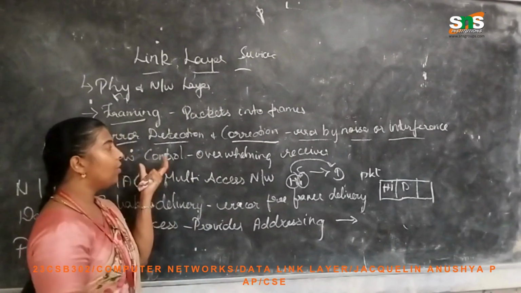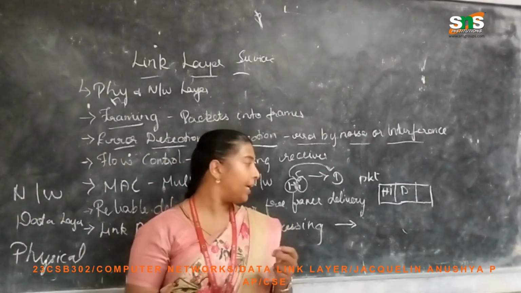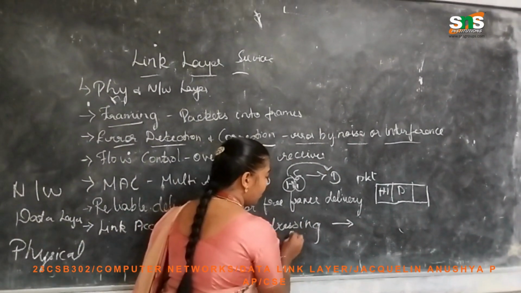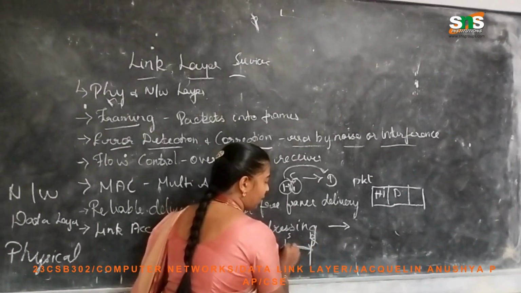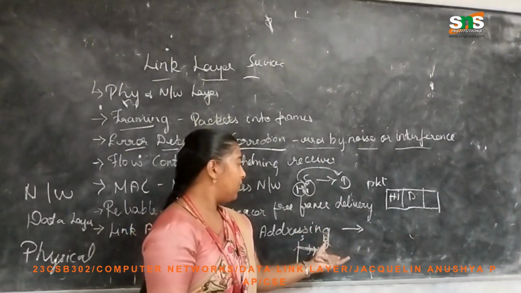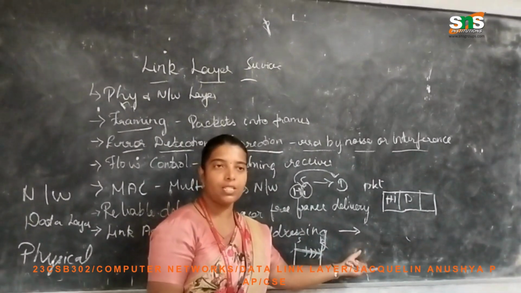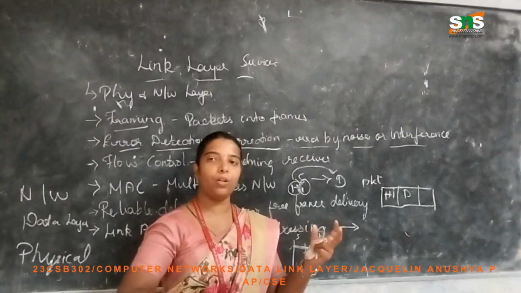Next is your flow control. Flow control is when the data packets are sent continuously from the sender to the receiver. It keeps on sending data, and even if the receiver is not receiving the communication properly, all the data will be dumped into a single flow.